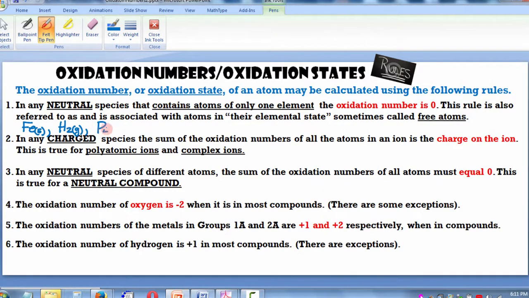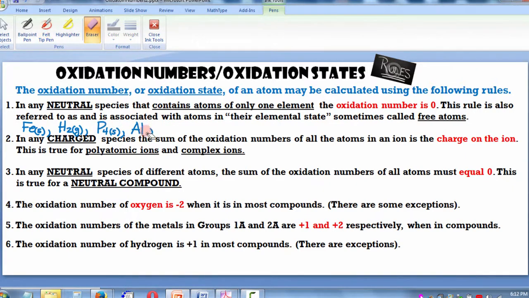Say phosphorus, P4, solid. P4, all atoms of the same type. It is neutral, so it would have an oxidation state of 0. Aluminum solid has an oxidation number of 0.